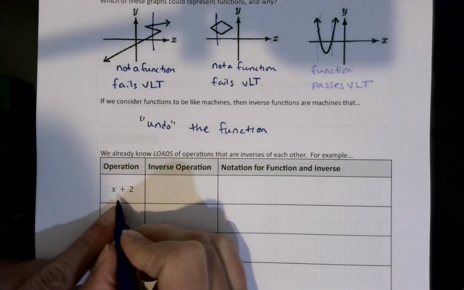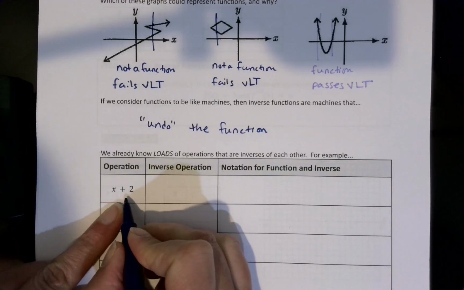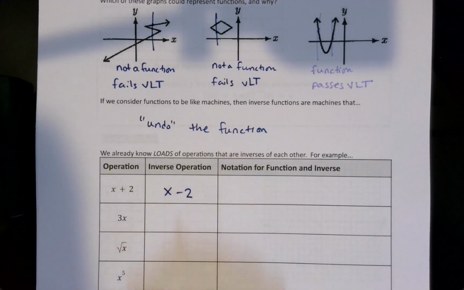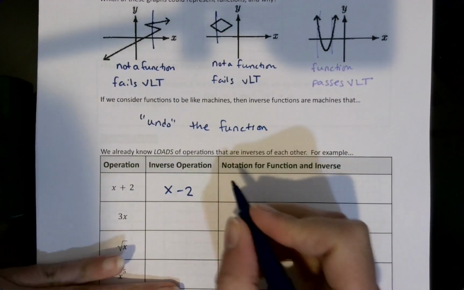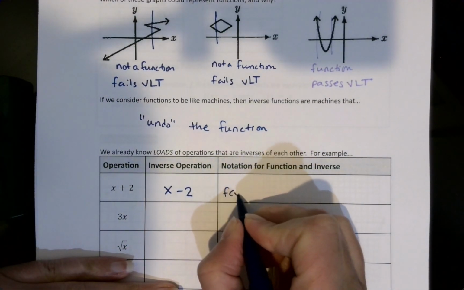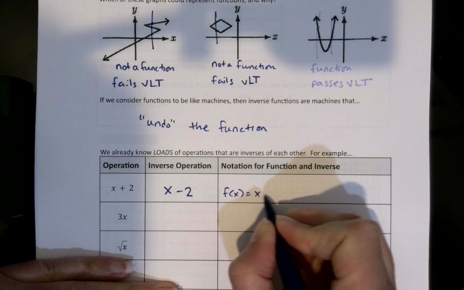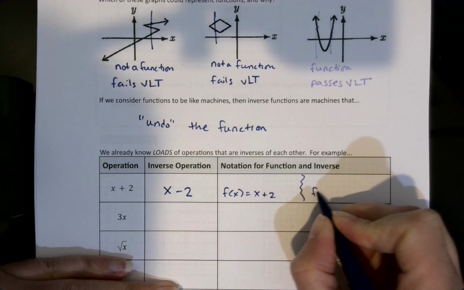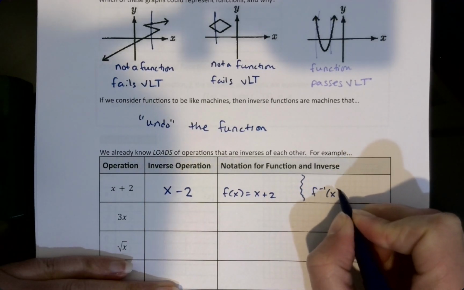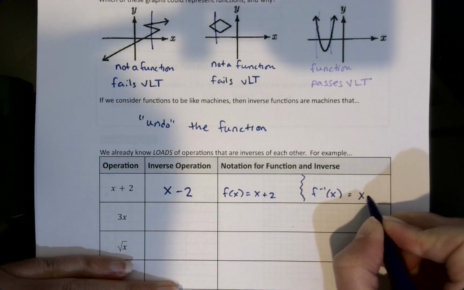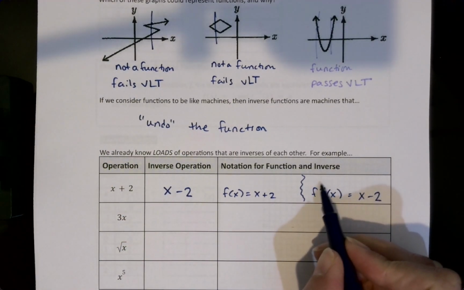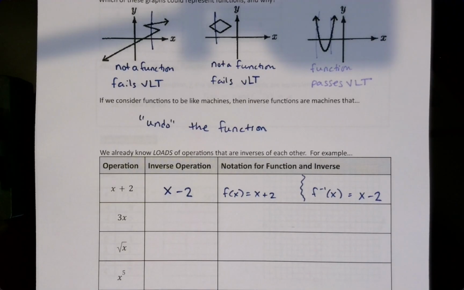For example, if the operation is x plus 2, the inverse operation would be x minus 2. Notation for the function and its inverse: the function, f of x, is x plus 2 in this case, and its inverse function would be x minus 2. We use the f inverse notation for the inverse function.